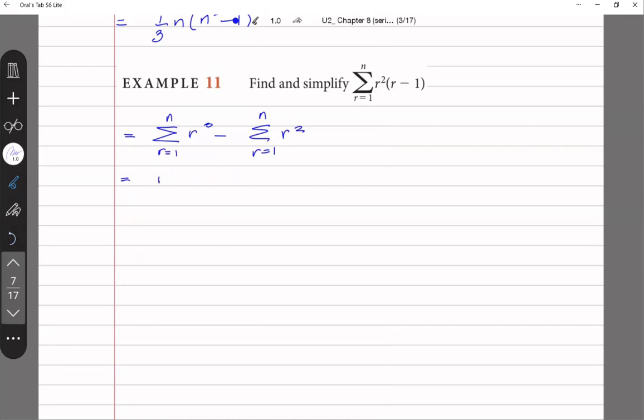This would be n squared into n plus 1 squared all over 4 minus n into n plus 1 into 2n plus 1 over 6. LCM is 12.